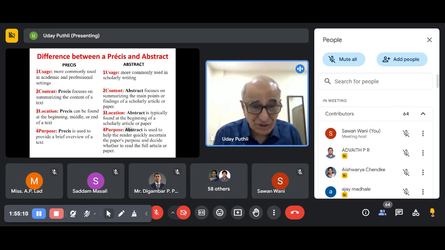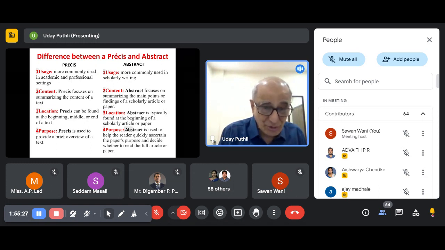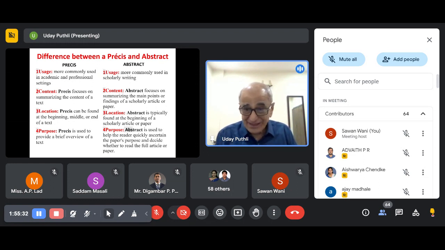A précis focuses on summarizing the content of a text, whereas an abstract focuses on summarizing the main points or finding of a scholarly article or paper. Now, here is the difference where when you're going to a précis, everything in it is condensed. Whereas in an abstract, you are actually picking up only the main points.